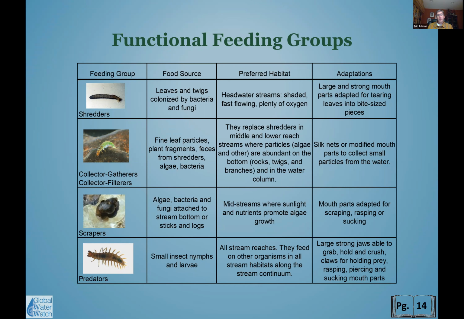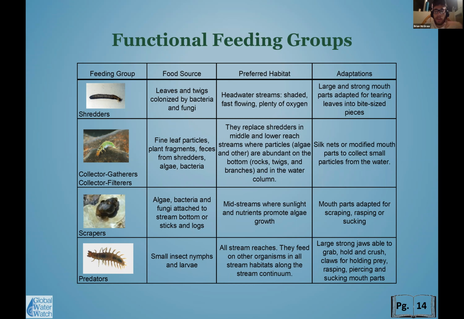And then predators are going to be throughout. So depending on what type of place we're collecting, we may tend to find more of one group of creatures than another. If we're collecting in a headwaters area, we may get more of the shredder group. And if we're collecting more downstream, we may get more of the scraper group.